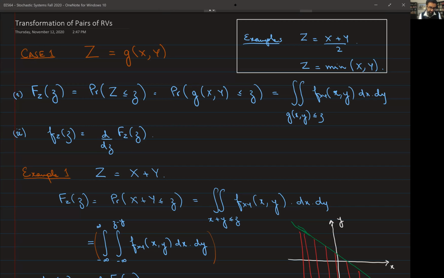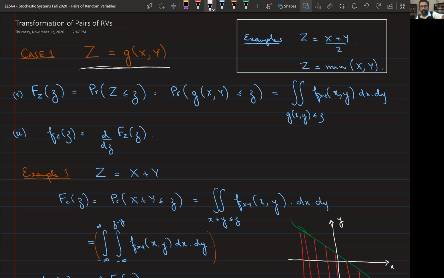So this is the case we're discussing, where the two random variables x and y have some joint PDF, and they are input to a two-dimensional function. So it takes in two inputs, and the output is z. The question we are trying to address is, given the joint PDF of x and y, we're required to determine the PDF of z, right?